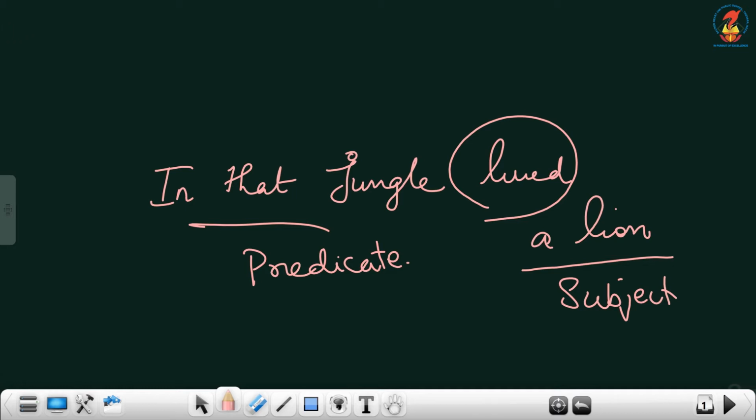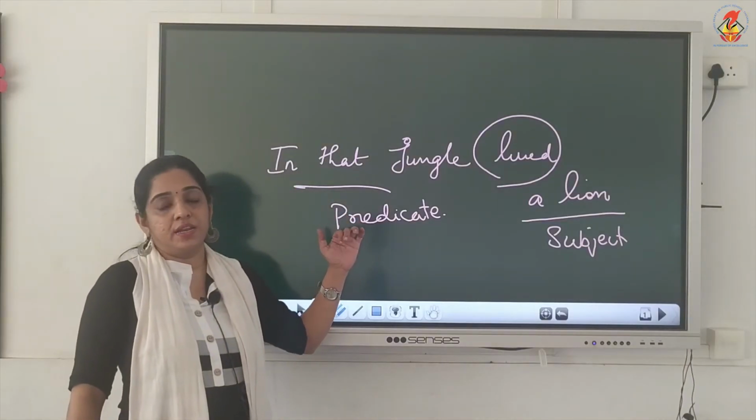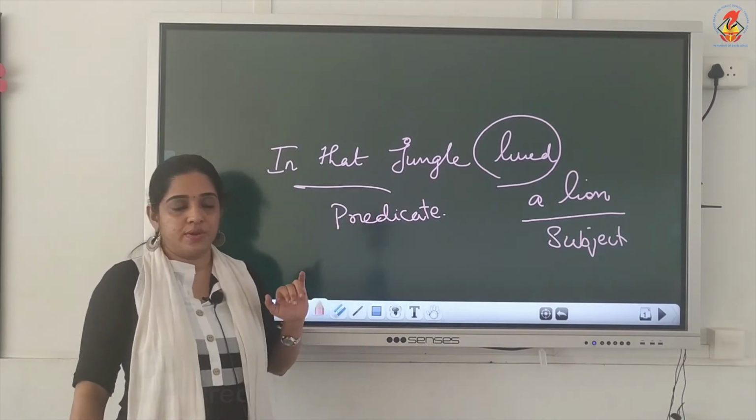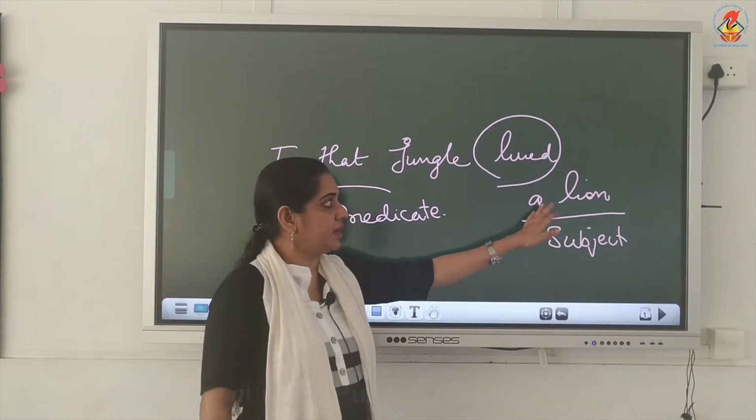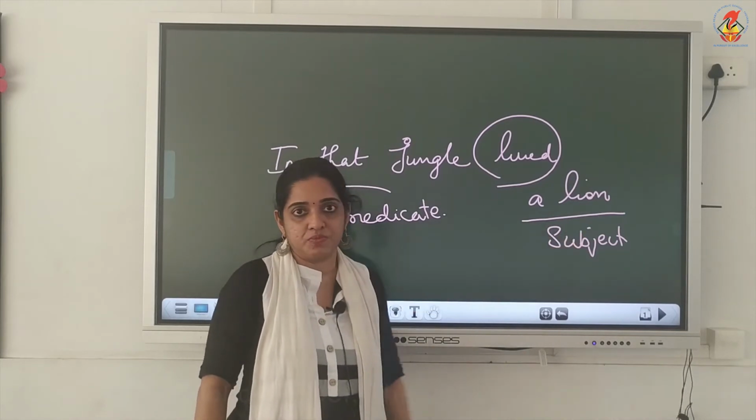What is the sentence about? The sentence is about a lion who is living in the jungle. So that is the subject. I told you the subject will not always be at the start, it can come at the end of a sentence also, and always a subject will be a noun. So here lion is a noun, so that is the subject.